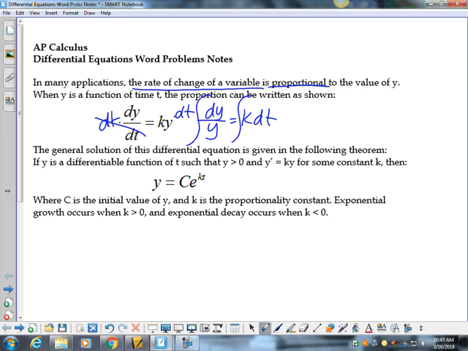Okay, and you need to have this process. You need to write it down off to the side or in the corner or in this little space, but you need to have this process. We know what this one is, right? What's that one going to be? ln of y equals... k is not a variable.